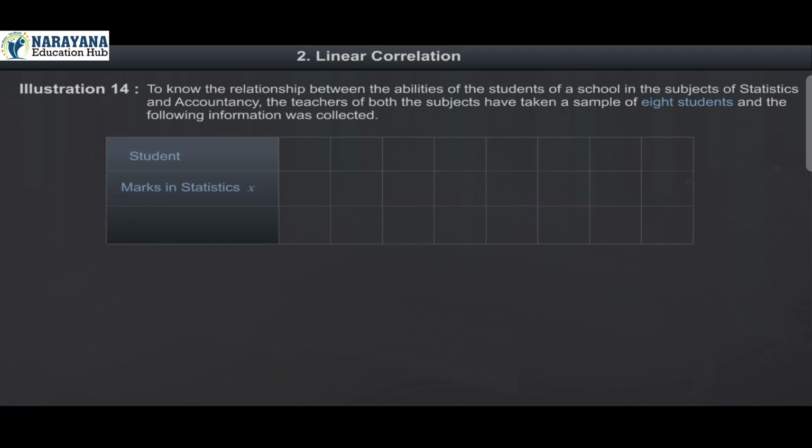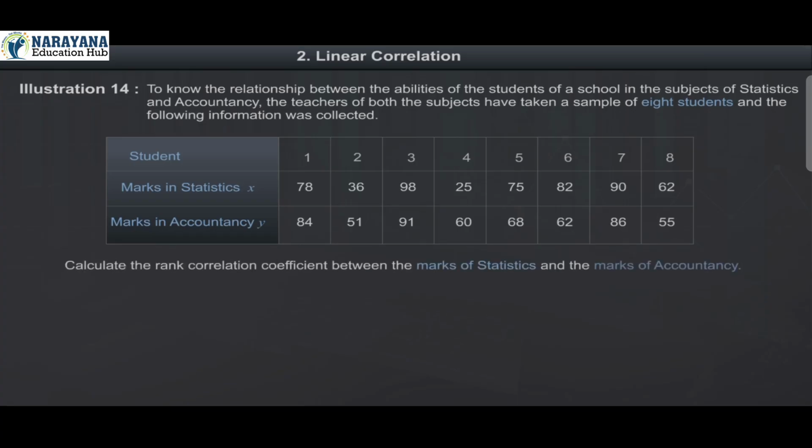Student, marks in statistics X, marks in accountancy Y: 1, 78, 84; 2, 36, 51; 3, 98, 91; 4, 25, 60; 5, 75, 68; 6, 82, 62; 7, 90, 86; 8, 62, 55. Calculate the rank correlation coefficient between the marks of statistics and the marks of accountancy.